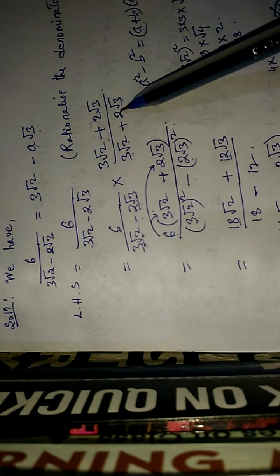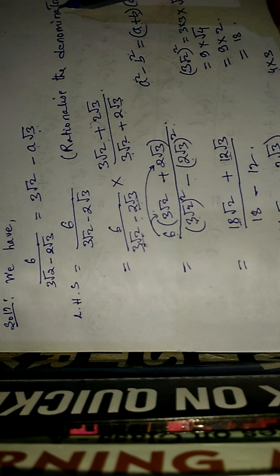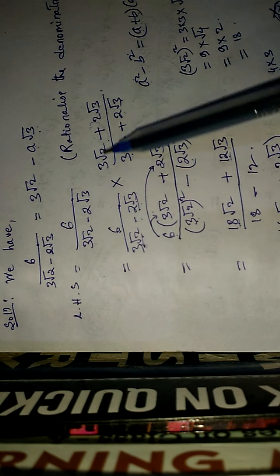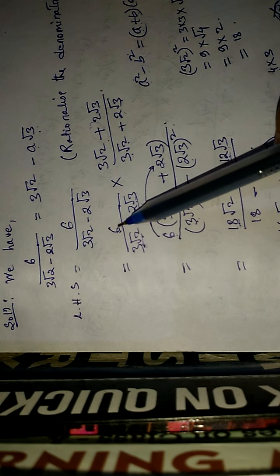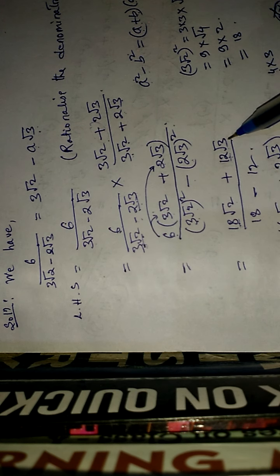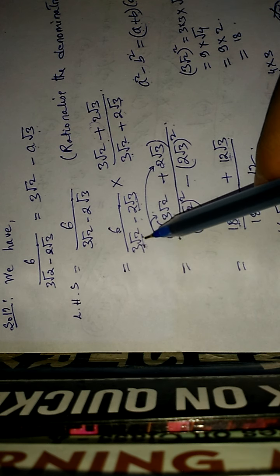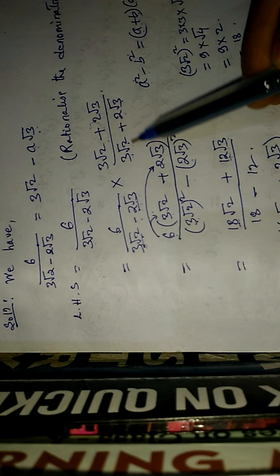Okay, 6 multiplied by 3 root 2 will be 18 root 2. 6 multiplied by 2 root 3 will be 12 root 3. But the denominator is 3 root 2 minus 2 root 3 times 3 root 2 plus 2 root 3. This 3 root 2 and 3 root 2 are the same, 2 root 3 and 2 root 3 are the same.